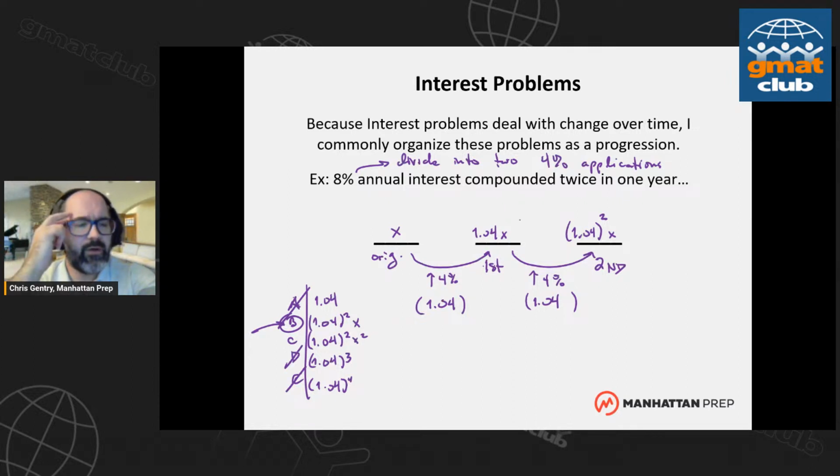However, if you have something like an animal population in a wildlife refuge, and this animal population increases by a factor of 20% every year, that would be compound interest, because there you are applying a multiplication factor to every single change. Each time it's times 1.5 times 1.5 times 1.5.